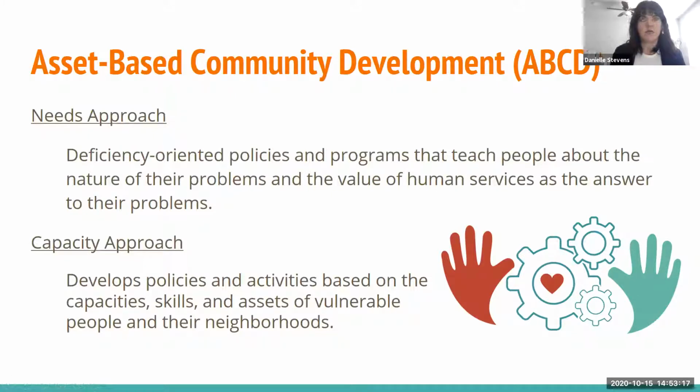A needs approach is by far the most common approach utilized in community development. This approach is very focused on deficiencies that exist in communities and heavily emphasizes the need for human services programs and expansion of those programs to solve those problems.